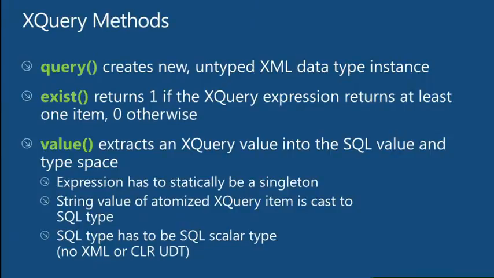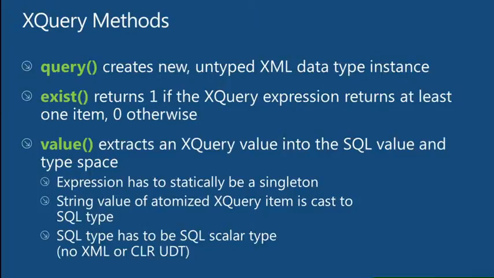So now let's look at the XQuery methods and how to use them. Just as a recap, there are 4 methods for querying and 1 for modification. The 3 that you see here: query takes an XML document, applies an XQuery, and gives me an XML document back. Exists takes an XML document and an XQuery expression, and will give me back 1 if the XQuery expression results in something, and gives me 0 if nothing is there.